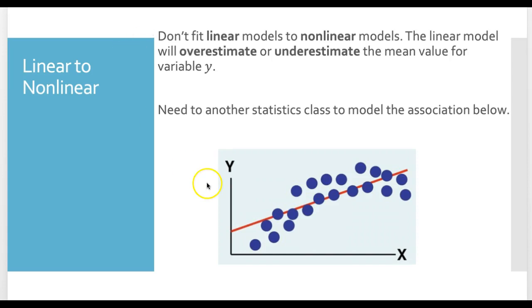But say we went ahead and tried to force this line here. From here to here, we're pretty much overestimating, because all the dots are below it. Then from here to here, we're underestimating because all these dots are above it. And then from here to here, we're overestimating again because all the dots are below it.